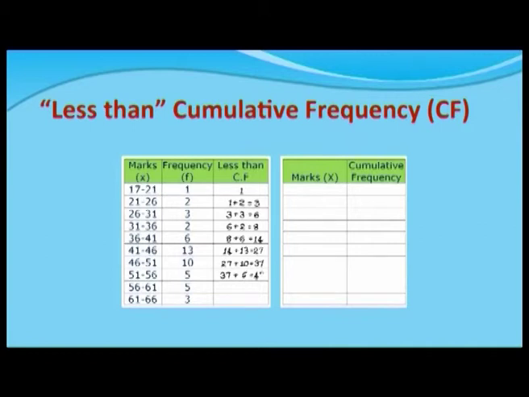Proceeding in a similar manner, we can populate the CF for all the ranges until the last range. The resultant CF is shown in a new table with the range values represented as less than x.